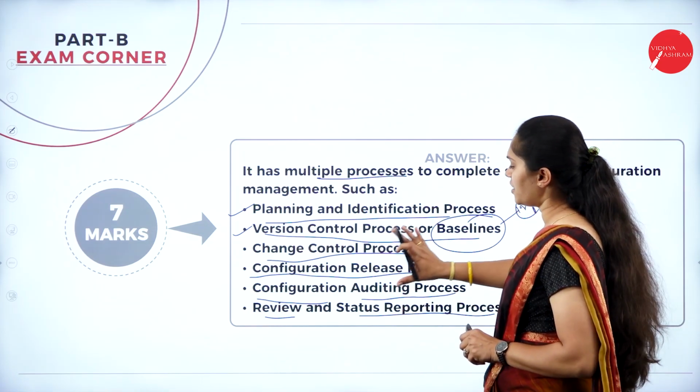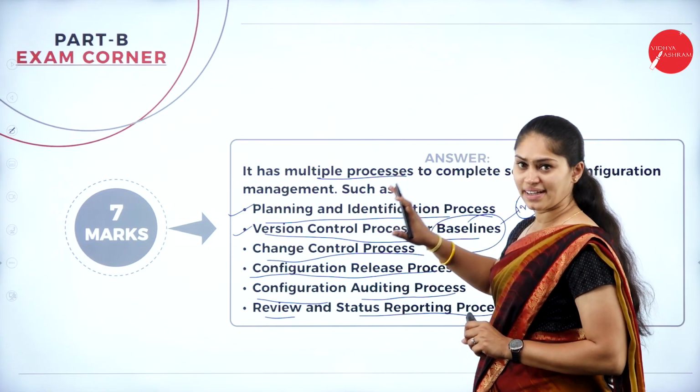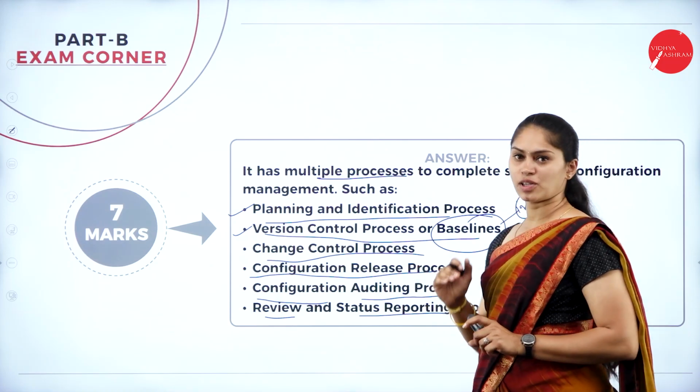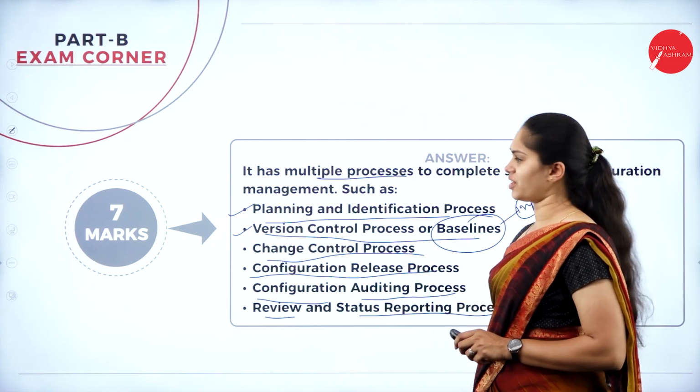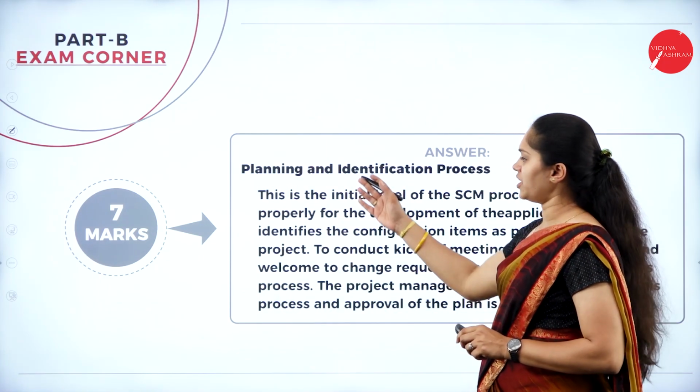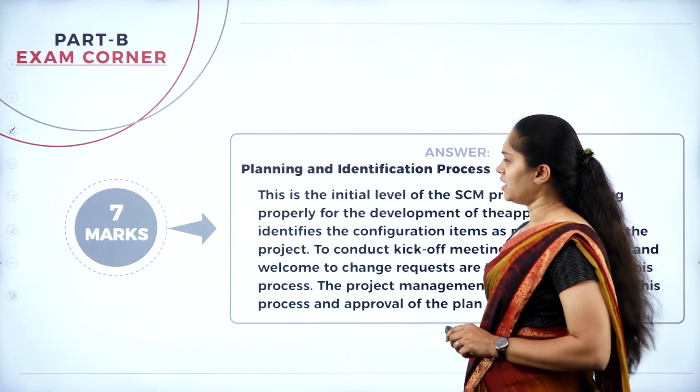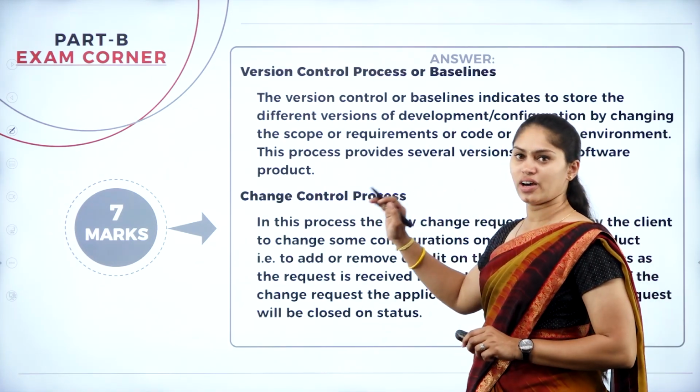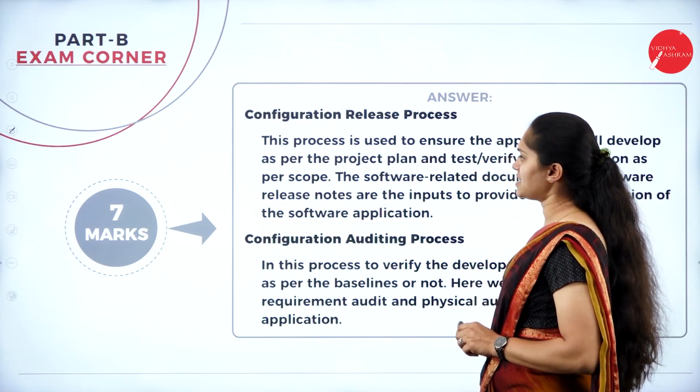All these are the different processes that take place with respect to SCM. So you need to explain 2 to 3 lines for each stage or each phase of this SCM.